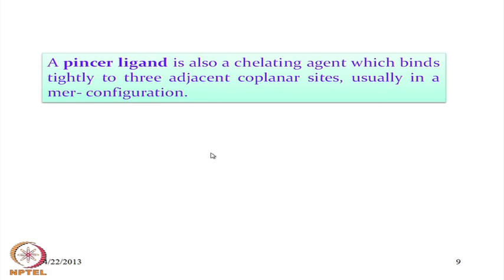So, another type of ligand is also well known, another class of chelating ligand, which is the Pincer ligand, which binds tightly to three adjacent coplanar sites.